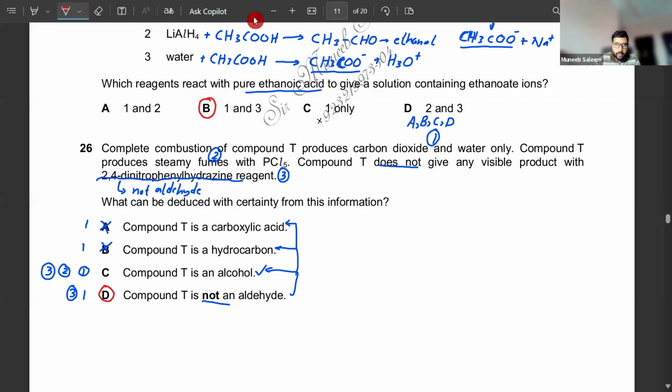Both C and D could be said to be correct, but more weightage is given to the last statement, the third statement, in which it does not give any visible product with 2,4-DNPH. That means alcohol also does not react with 2,4-DNPH, and there are no other products there.